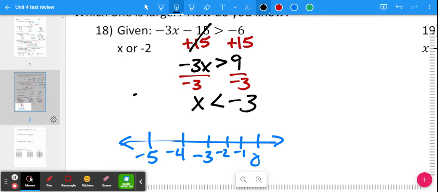So we have x is less than -3, so it's an open dot, and since it's less than, we're pointing to the left. So this -2 is to the right of our x value, which means that is the greater value, because to the right on a number line is where the larger numbers lie.